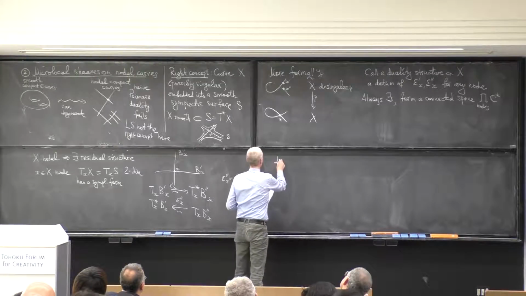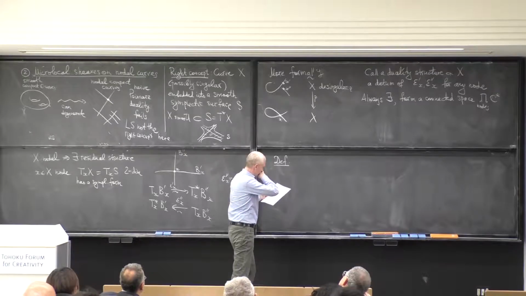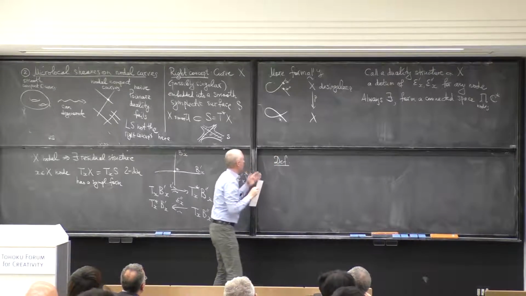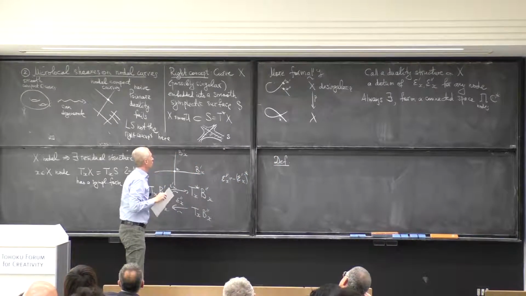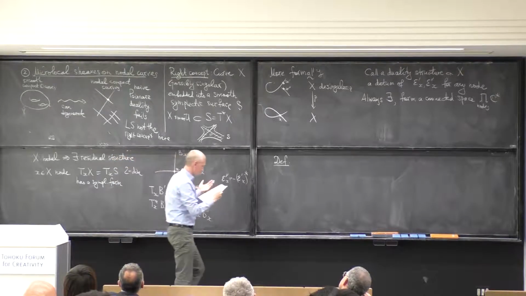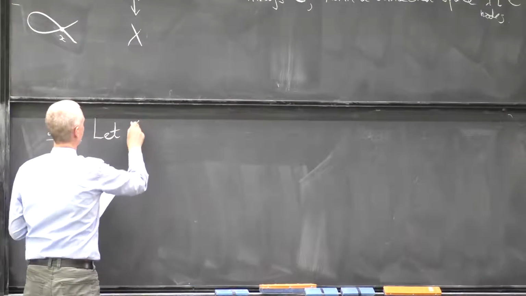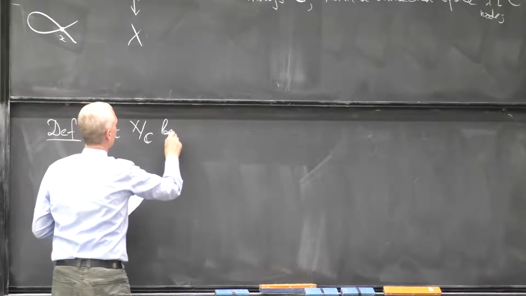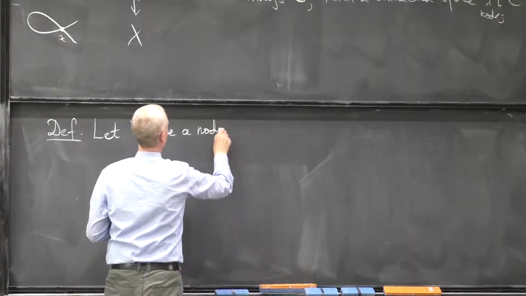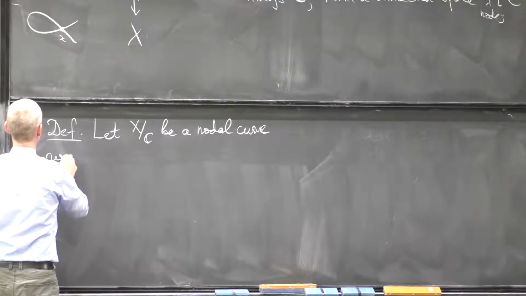Let's make it. So this would be a version of the concept of a module of a deformation quantization, except it will be completely elementary. It will not rely on anything at all. So let X, C be a normal curve. Be the duality structure.